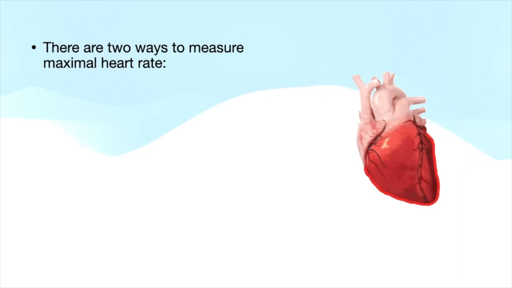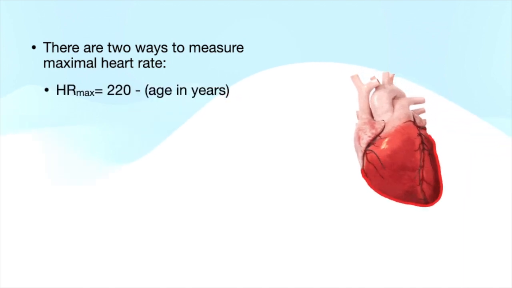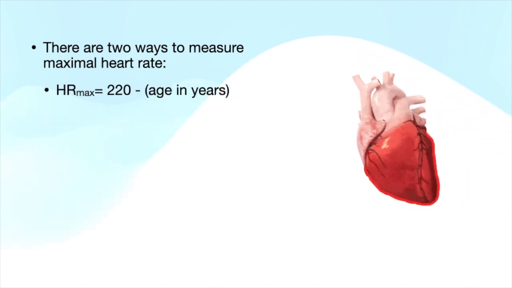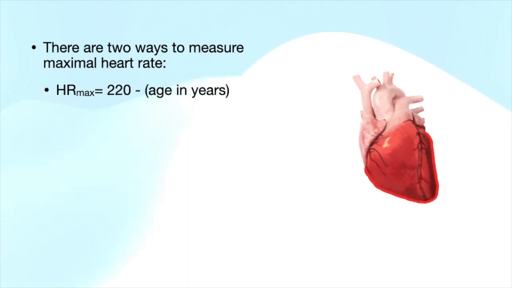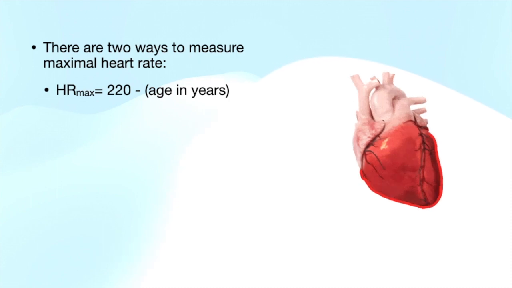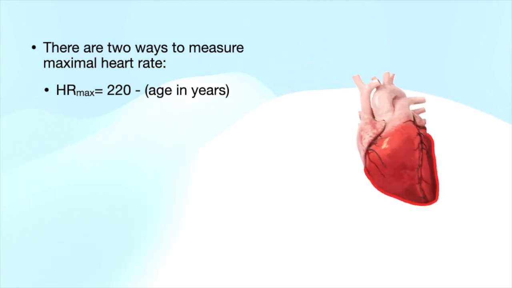The first equation, which you may already know, is HR max equals 220 minus age in years. So let's say you are 40 years old, your HR max would be 220 minus 40, so that's around 180.